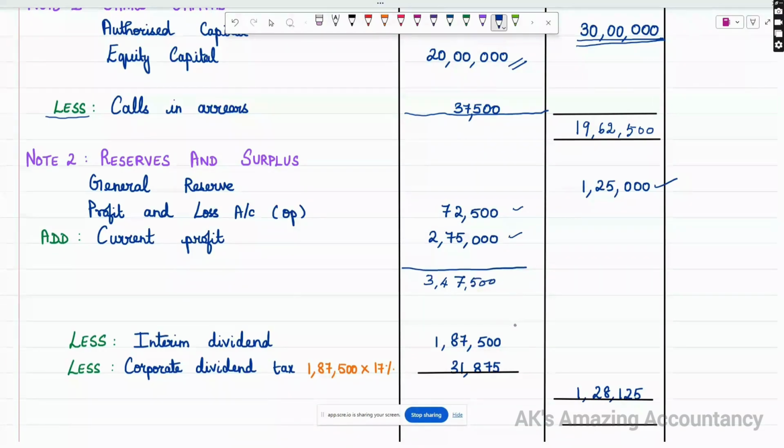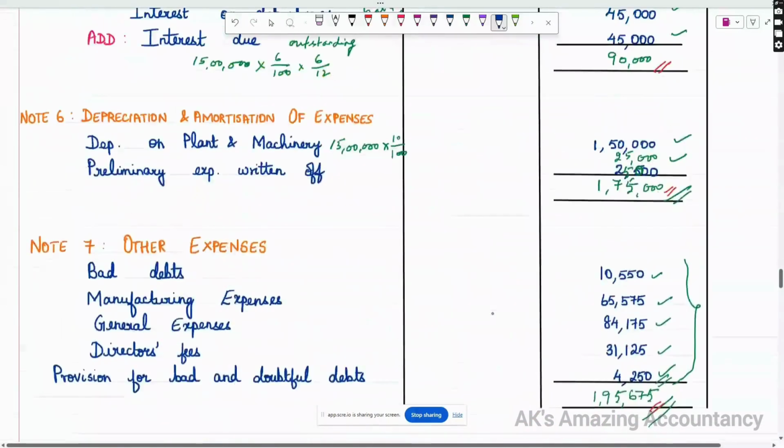From 3,47,500, you will be deducting interim dividend and corporate dividend tax. Interim dividend is already available to us in the problem itself. So you can just have a look at the problem for this. How much is interim dividend? 1,87,500. Let me show the problem to you.